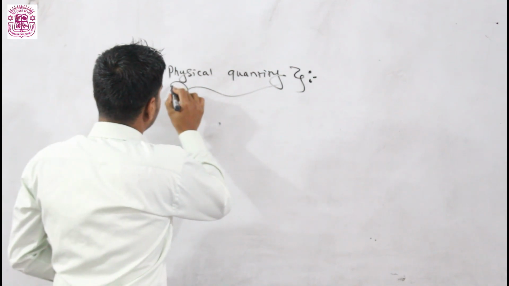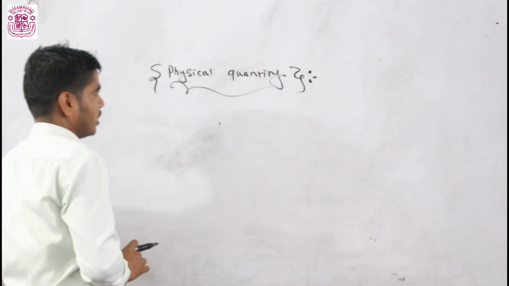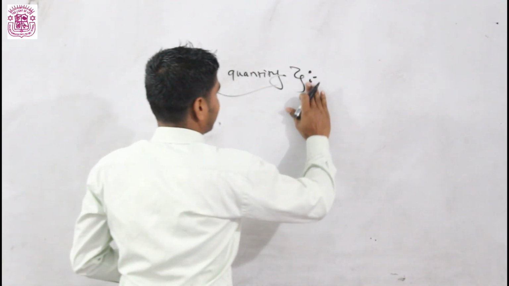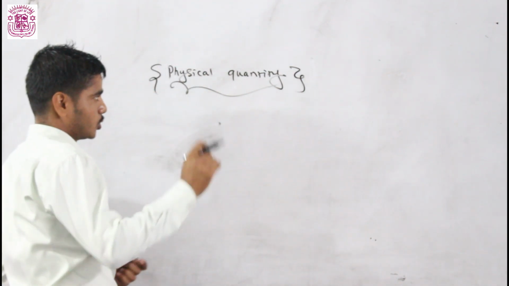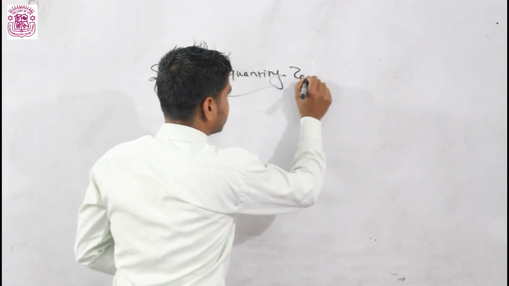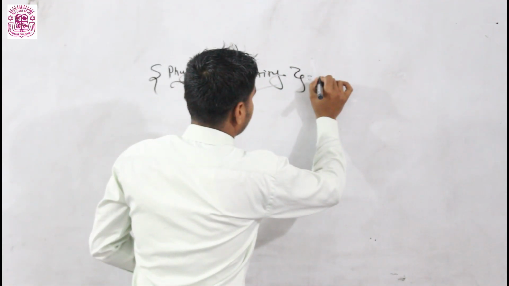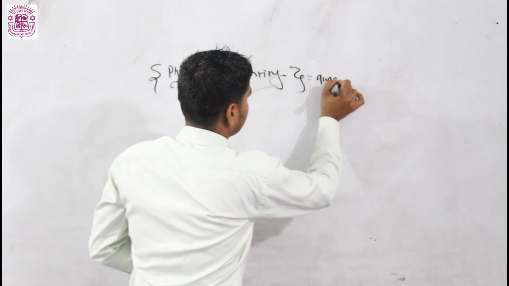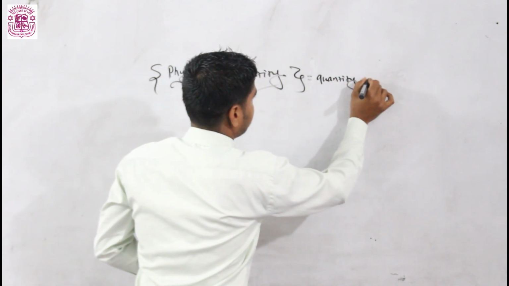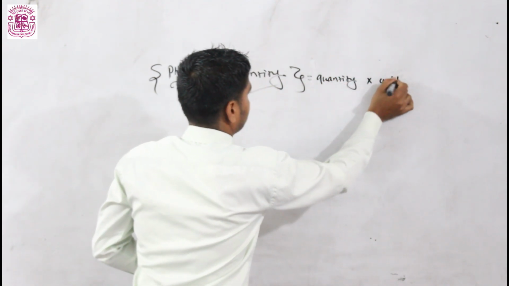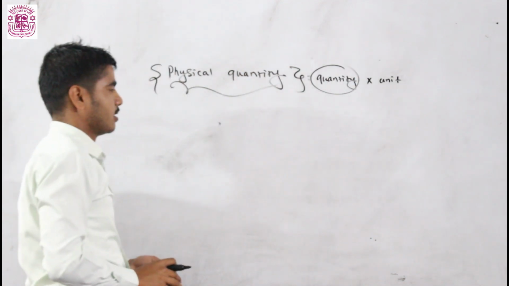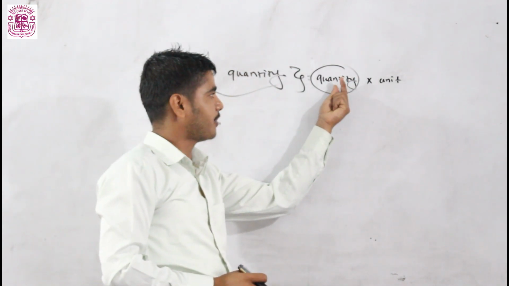Now, after being clear about the physical quantity, how can we express it? We can express it in two terms: a physical quantity is the product of quantity and unit. Quantity means the value, how much the value is.